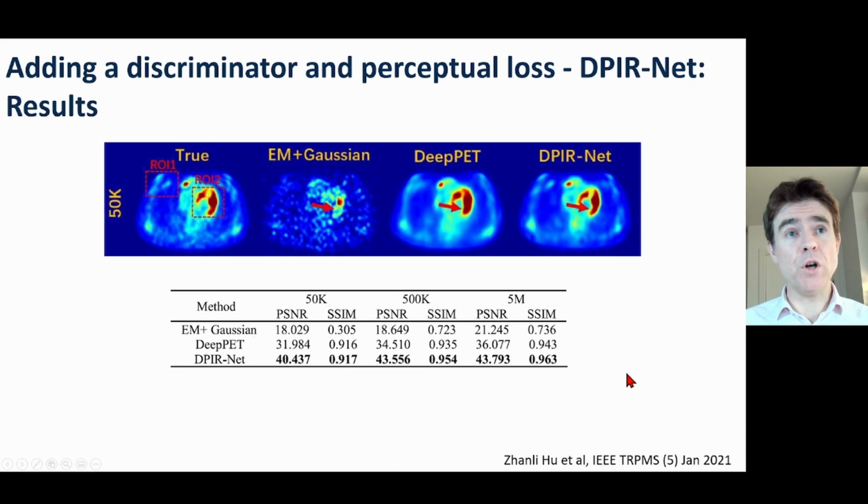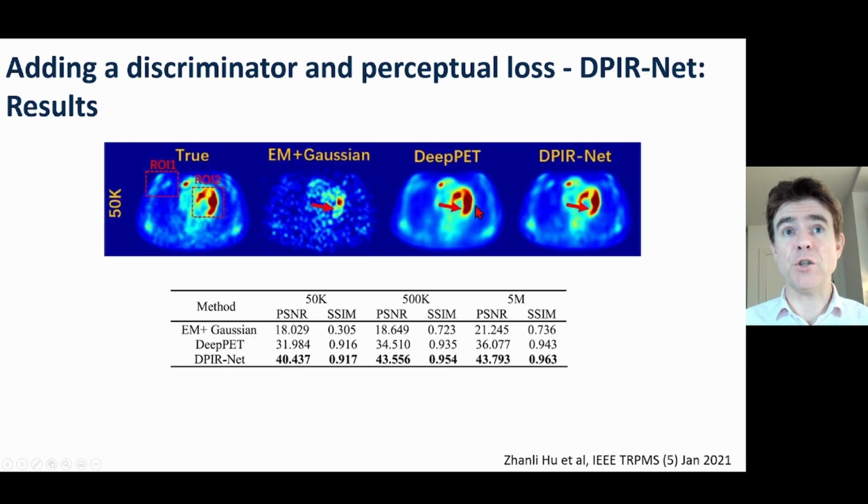There was more work done on DeepPET by Zanli Hu et al. in 2021. They added a discriminator to the loss function for training that DeepPET architecture, as well as a perceptual loss. I don't have time to go into details of these concepts here, but basically changing the loss function, the way of assessing the output of the architectures and the level of agreement with the ground truth by improving that loss function.